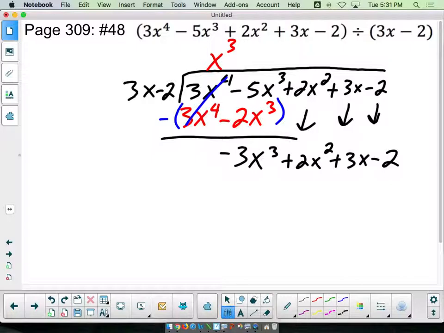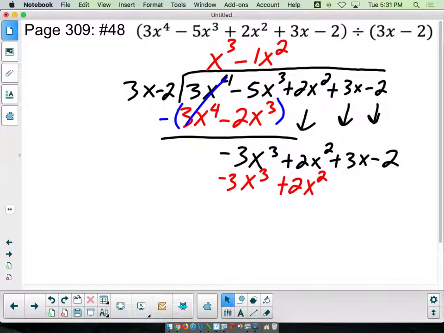Then again, I want this to match that. So in order to get 3x to become negative 3x to the third, I need to multiply by negative 1x squared, or just negative x squared. If I do that, I then get negative 3x to the third plus 2x squared.